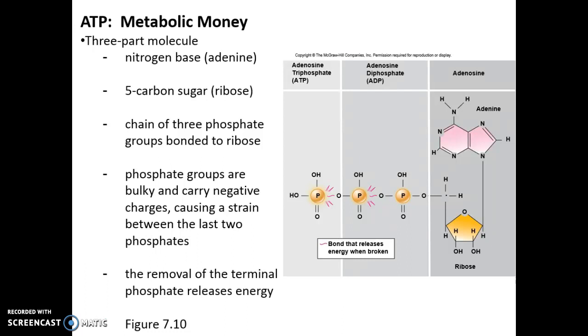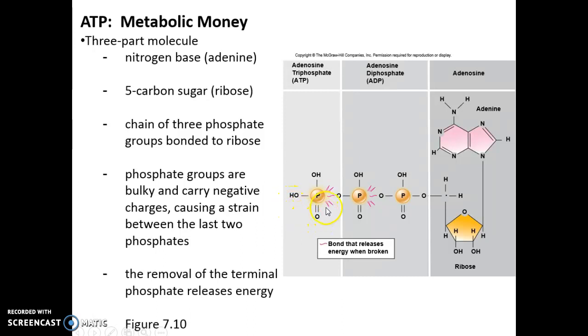So it's very important that you remember the three components of ATP. That's one of your chapter objectives. And then, where's the energy stored? The energy is stored within those bonds between the adenosine or the phosphate groups. And just another side piece of information, as you move out, you create more energy.